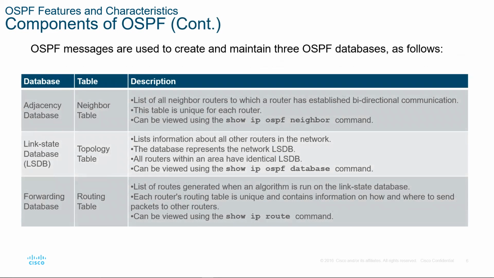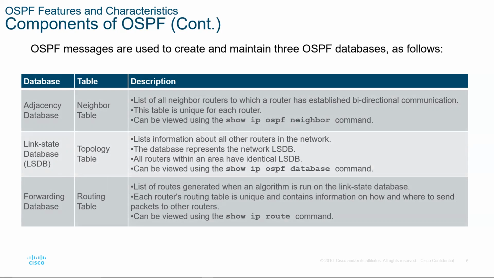So within this routing protocol, it creates a series of databases. Now the first database is an adjacency table. Now this is a list of all its neighbors, and if you want to look at it, you can view this table with the show ip ospf neighbor command.